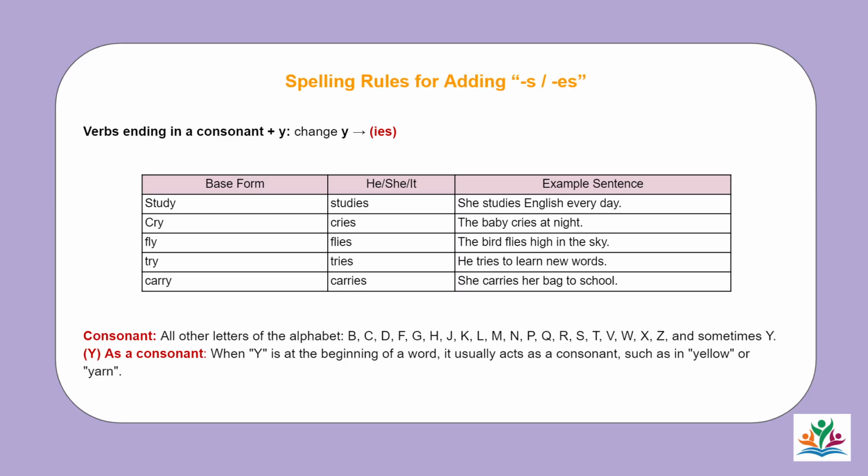For example, the bird flies high in the sky. For try, we added ies. He tries to learn new words. Same thing for carry. It ends with a consonant and y. We need to change the y to ies. She carries her bag to school.